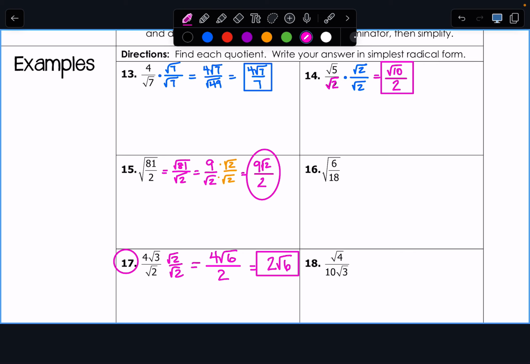You can definitely make these problems more complicated than they need to be.